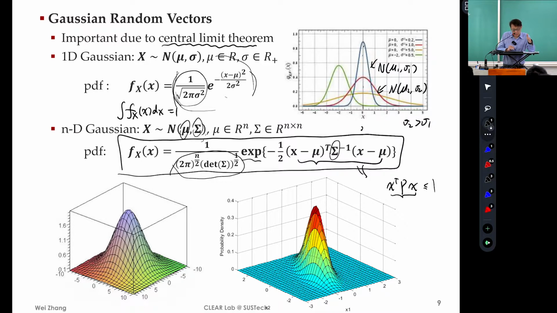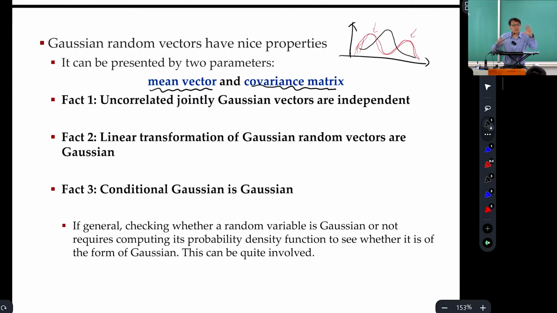In other words, the density are characterized by 2 parameters. One is the mean, the other one is covariance. So we don't need to store the entire values of this multidimensional function. I have an analytical form of the function that are parameterized by mean vector, and the covariance matrix.